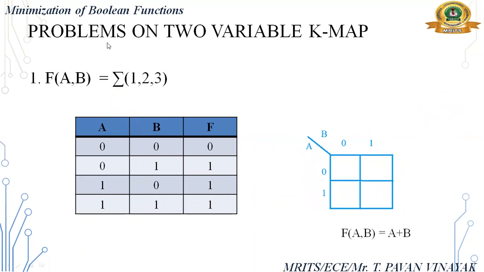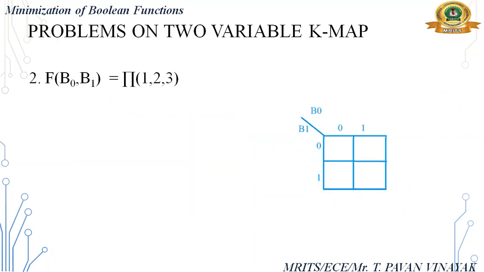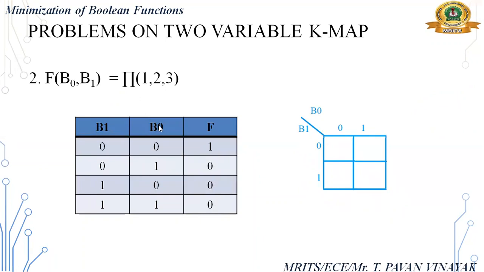Next, check for another. Next problem. Now I am given pi of 1 comma 2 comma 3 and variables are b1 b0. So I am writing the truth table b1 b0. I am writing here pi of 1 comma 2 comma 3. Okay.